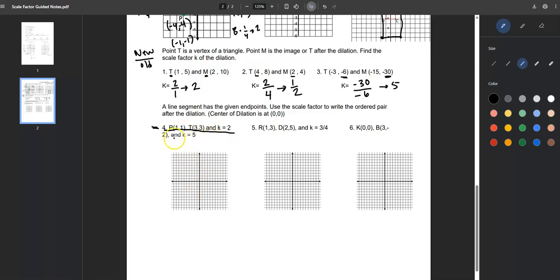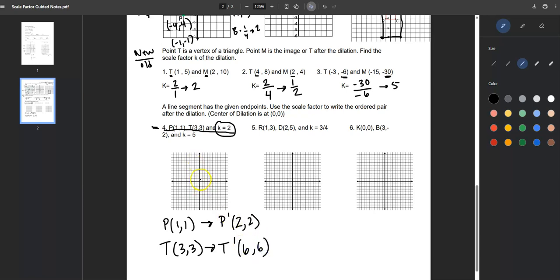So I have this line segment P at 1, 1. When I dilate it, it'll become P prime. I'm going to times it by 2, it will become 2, 2. And then I've got T at 3, 3. When I dilate it or times it by 2, because that's my scale factor here, it is going to become T prime, which will give me 6, 6.